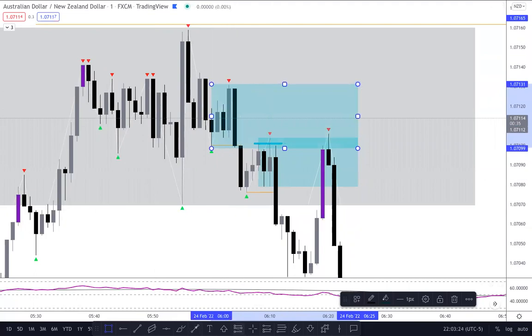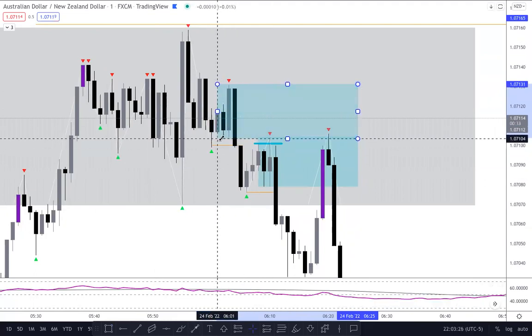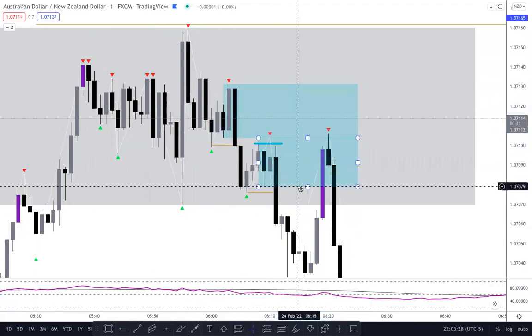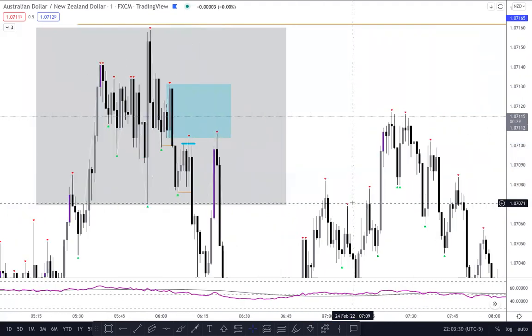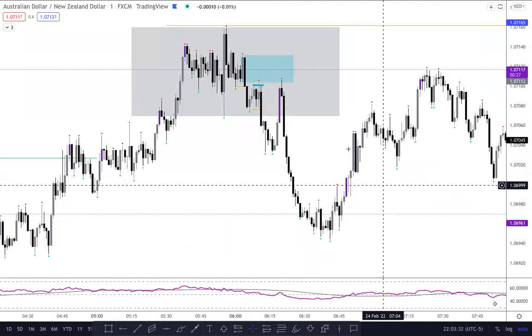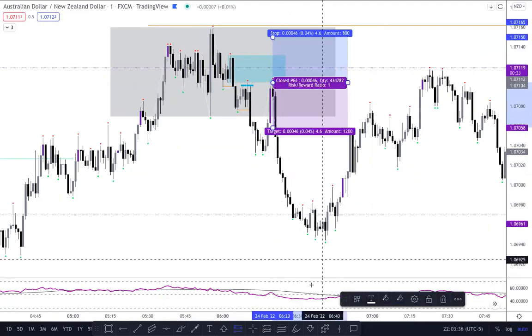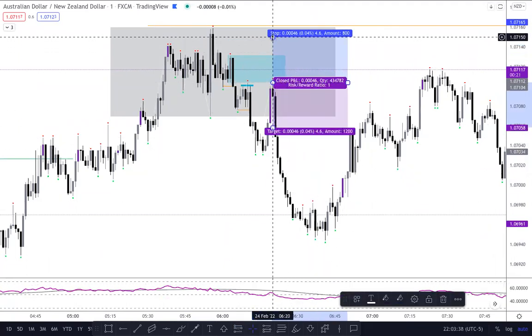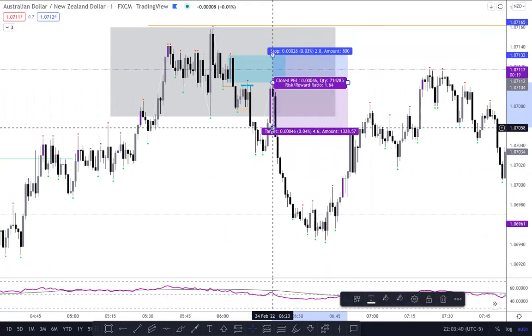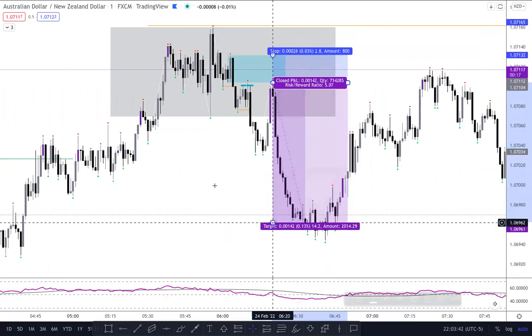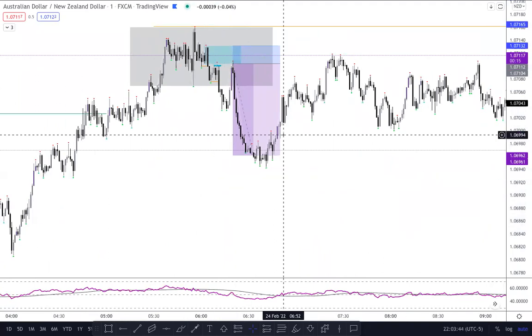And we also have our utmost refinement right here at this candle, in which we would have recovered back after that hit, right? I think we would have been shooting for a 1 to 10 and/or also a 1 to 5 based off of the other position. So 1 to 5 was clearly achieved, but I don't know about that 1 to 10.